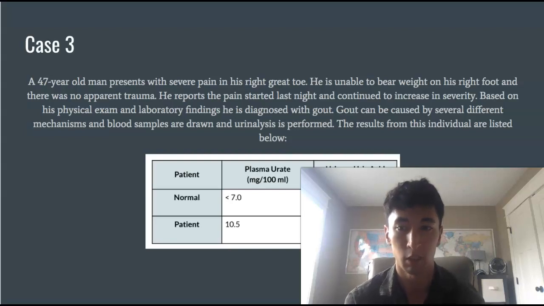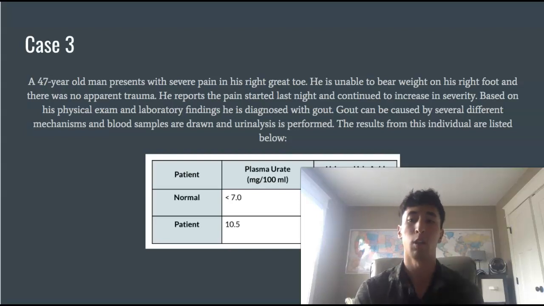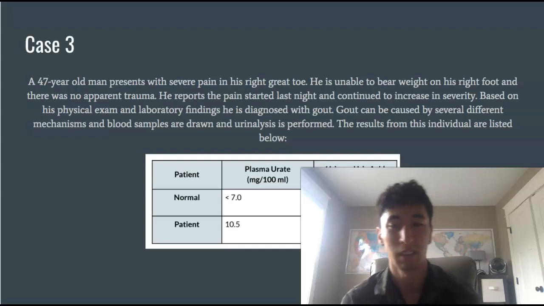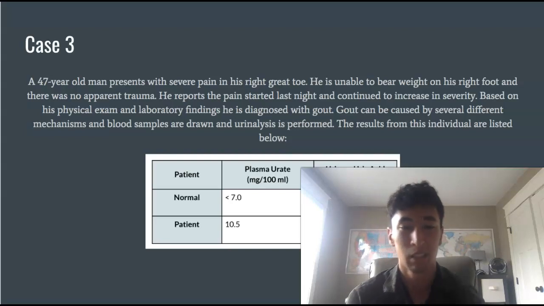The patient presented with low urinary uric acid values at 215, compared to the normal range of 413 plus or minus 78. An overall lower output of urinary uric acid shows the accumulation of uric acid within the body, leading to gout.